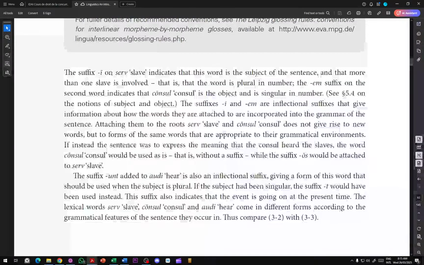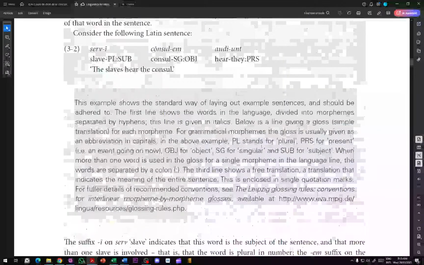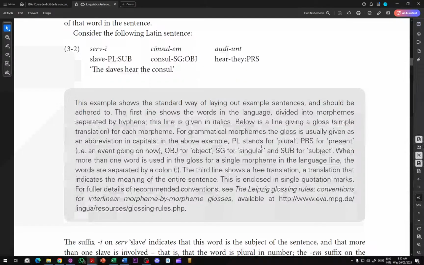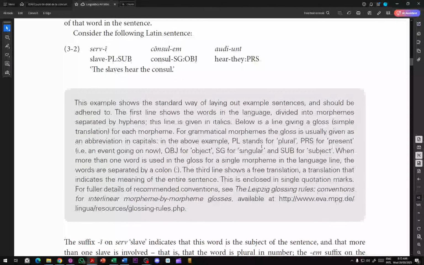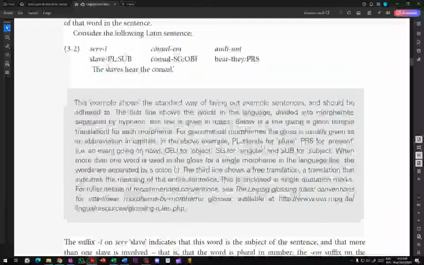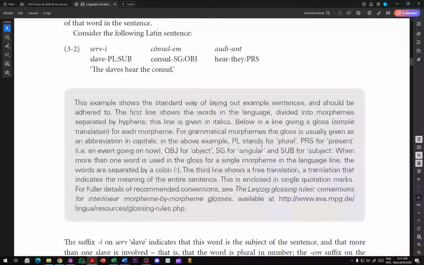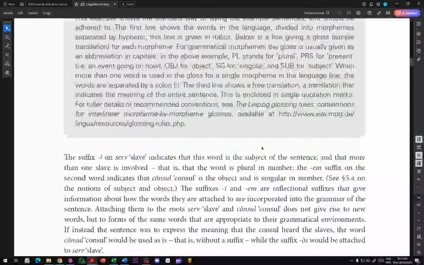The suffix e on serve, slave, indicates that this word is the subject of the sentence and that it is plural.